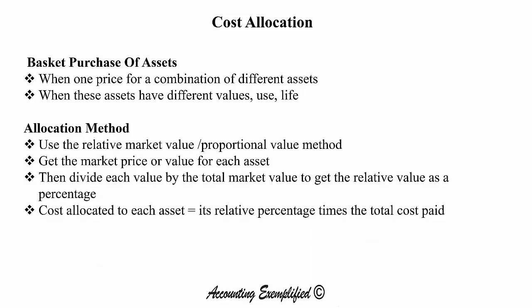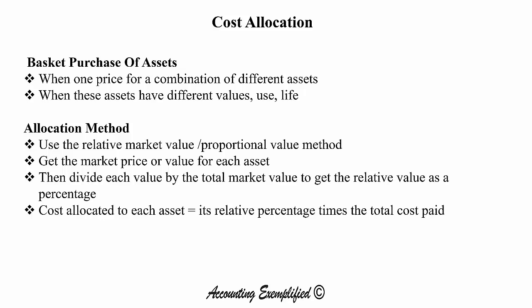So here, how do we do the allocation? First, we have this method called the relative market value or the proportional value method. So first, the company will get the market price or the value for each asset separately.